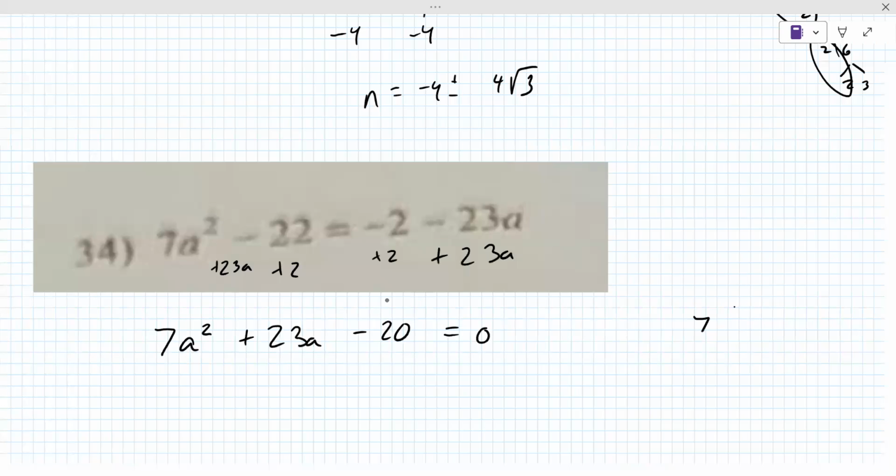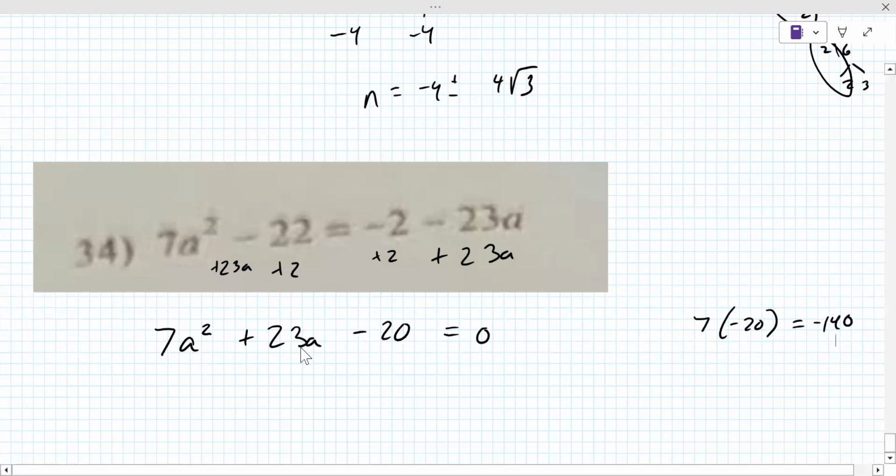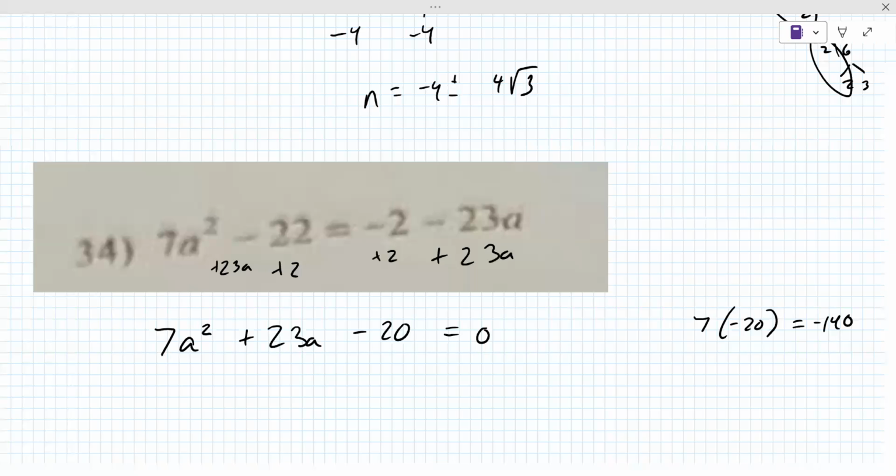You always try 7 times minus 20 first. And then maybe there's 2 numbers that multiply to that and add to 23. I don't think this one works, but maybe take a quick look at that.